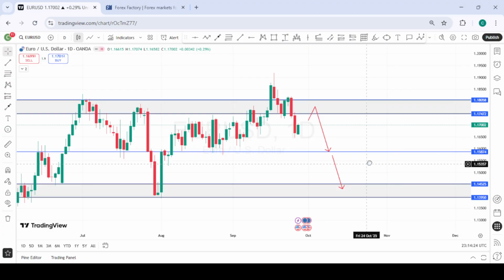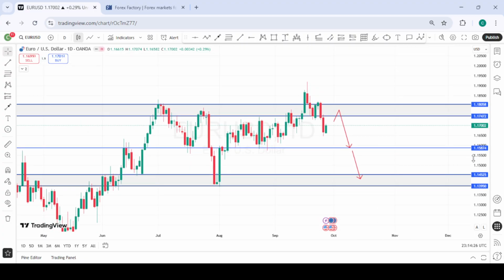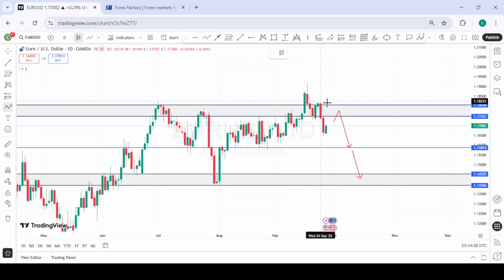Euro USD will shift bullish if price breaks above this zone and gives us a retest and continues to the upside. That way we'll consider Euro USD bullish. But until then, we are very bearish on Euro USD for the coming week, and on most of the USD pairs we are trading in favor of the dollar, as in the strength of the dollar.